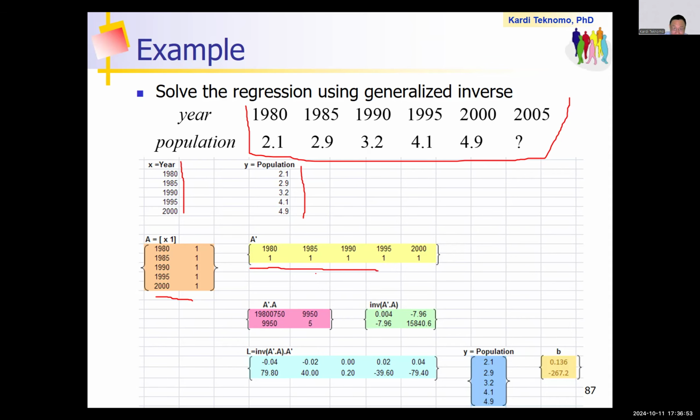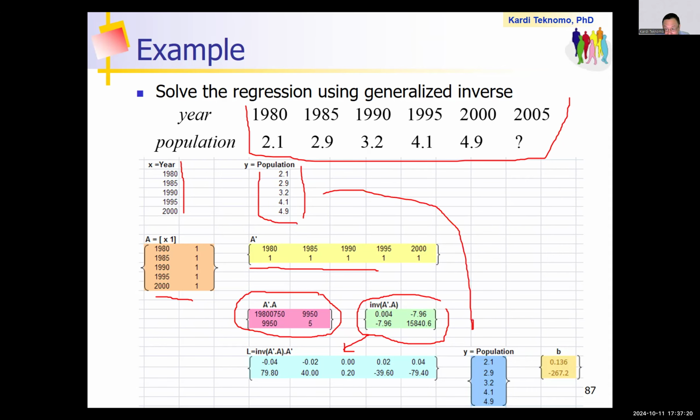After we transpose this, we multiply the A transpose with A to form this one. And then we take the inverse. After that, we create the generalized left inverse matrix, and then you multiply with this Y. Again, I just copy this here. And then you will get the slope and intercept.